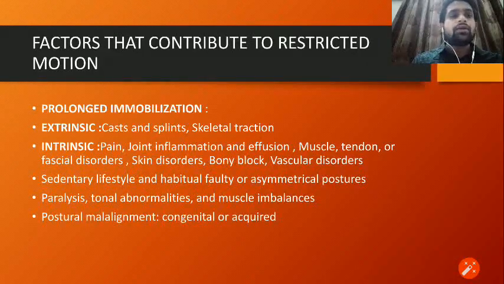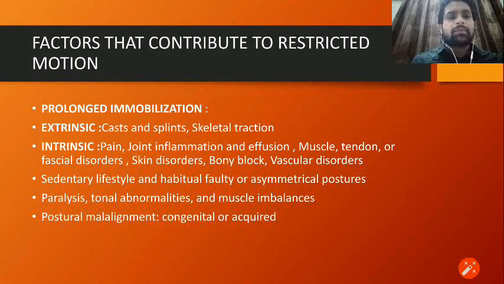So the factors that contribute to restricted motion: first is prolonged immobilization. In prolonged immobilization, we can divide it into extrinsic factors and intrinsic factors. Extrinsic factors are like casts, splints, and skeletal traction. Intrinsic factors are like pain, joint inflammation, effusion, muscle tendon and fascial disorders, skin disorders, bony blocks, vascular disorders.